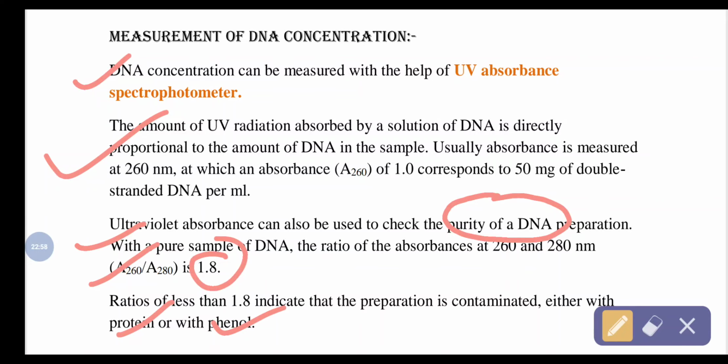Now if you want to know the purity of your sample, you will check the ratio of the absorbance at 260 and 280 nanometers, and if it is less than 1.8, it means your DNA is still impure. It contains protein, phenol or any other kind of impurity.